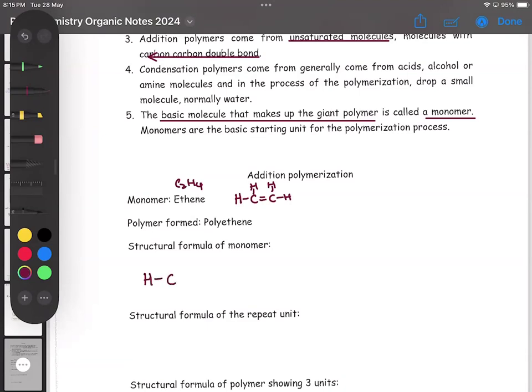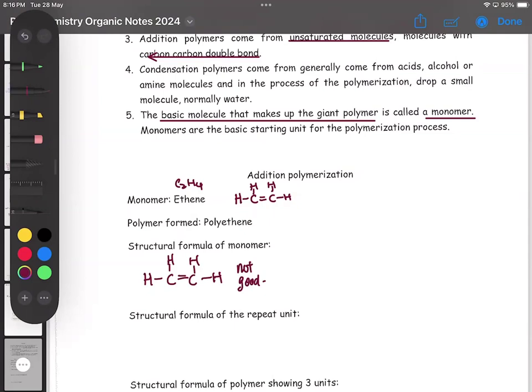But when you are looking at an addition polymer, this is not good. Remember that. How should we draw it? The most important thing you remember today for addition polymer is this.